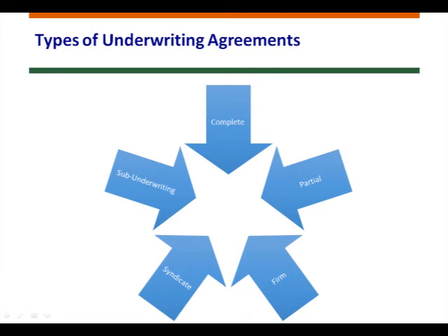So in this topic, we are limited to the complete, partial and firm agreement. We will be discussing how the accounting treatment is done in case of complete agreement, partial agreement, and firm agreement.